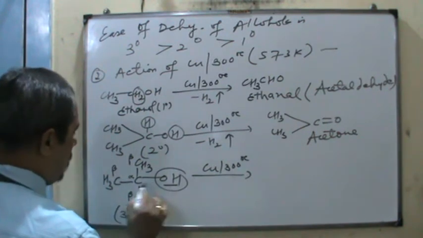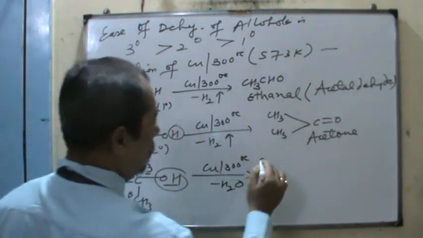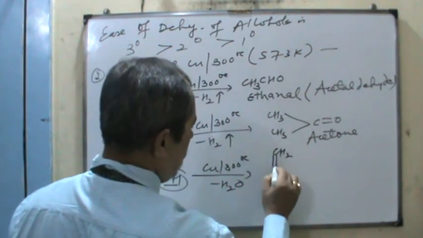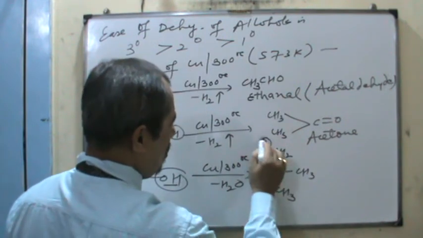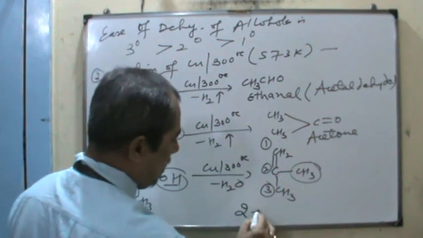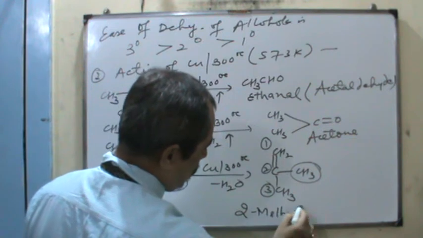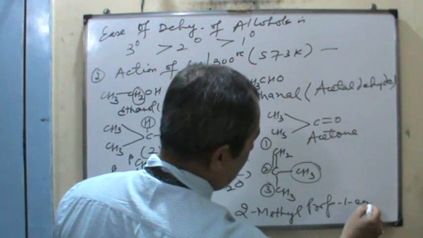OH and H from any beta are lost, giving CH2=C(CH3)2. This is the 1, this is the 2 and this is the 3: 2-methylprop-1-ene.